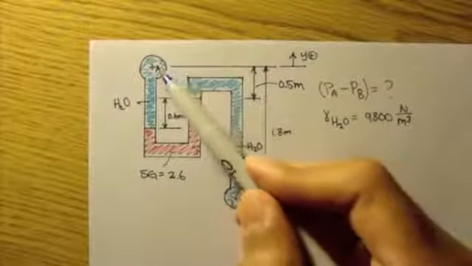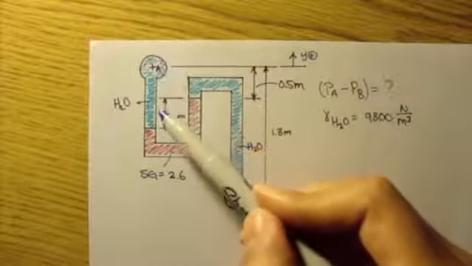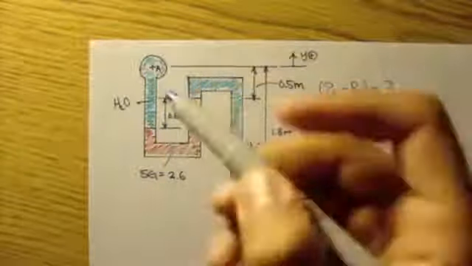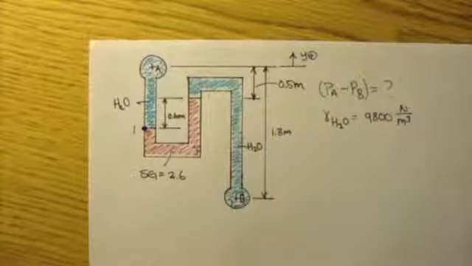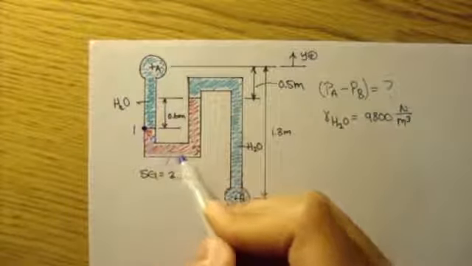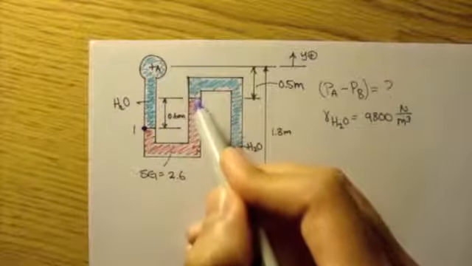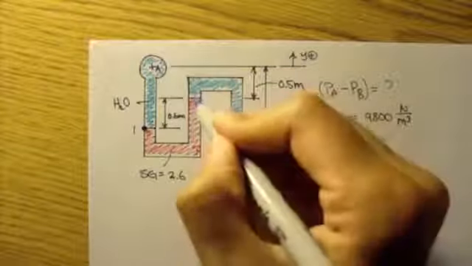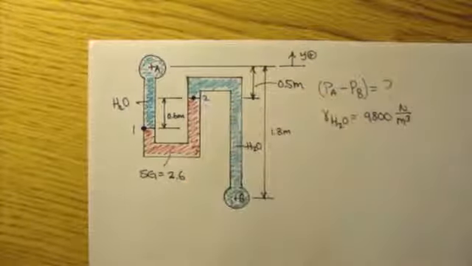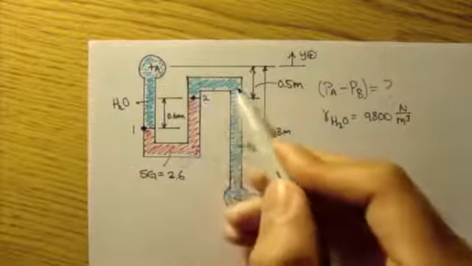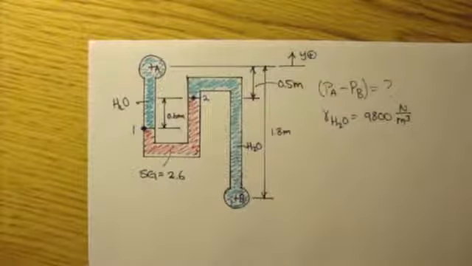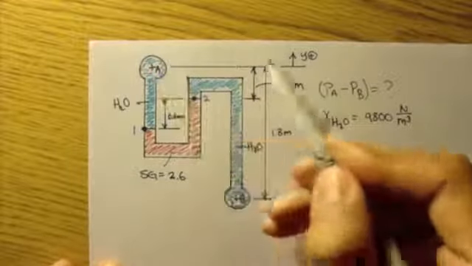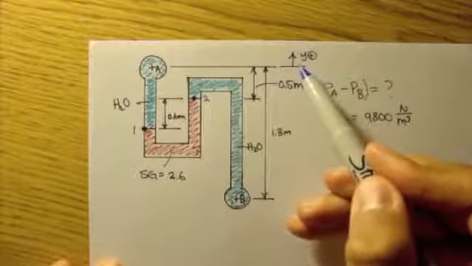We'll start at A, go down here, and change liquids here, and we'll call this point 1. Then we'll go through the tube and come up here, where we change from unknown liquid to water again. We'll call that point 2. And we come down here to B. So let's start at A, at our datum, at 0.